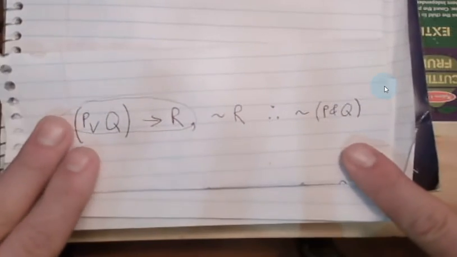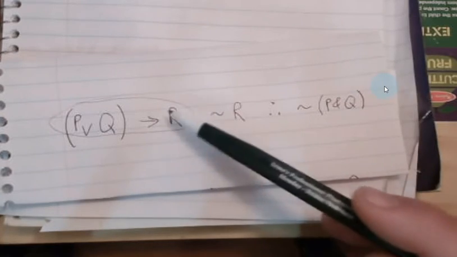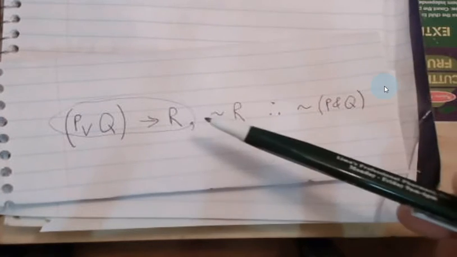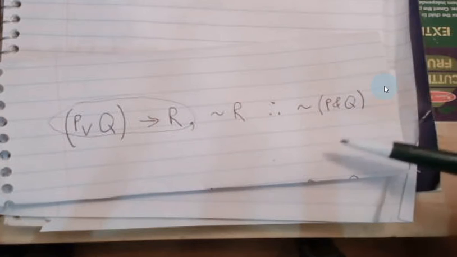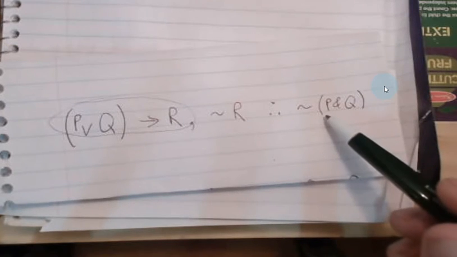So now, if we were to do a truth table version of this, look, now we have three variables. We have a P, a Q, and an R. And I don't know about you, but I don't want to look at 16 different possibilities. I just don't want to do that. Let's do the shortcut method and just look at those possibilities where the conclusion is false.